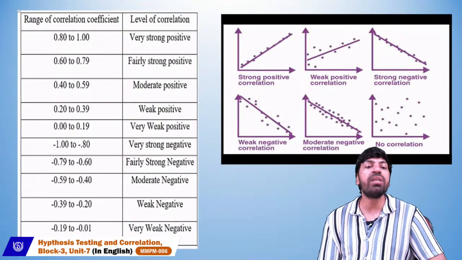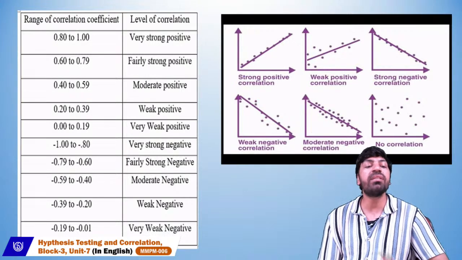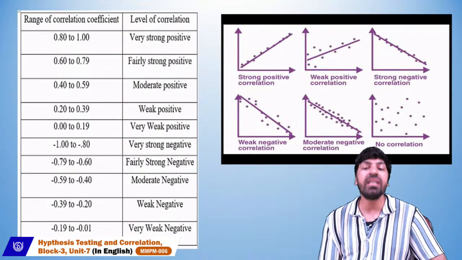And -1 to -0.80 is a very strong negative, -0.79 to -0.60 is a fairly strong negative, and so on, down to -0.19 to -0.01, which is a very weak negative.